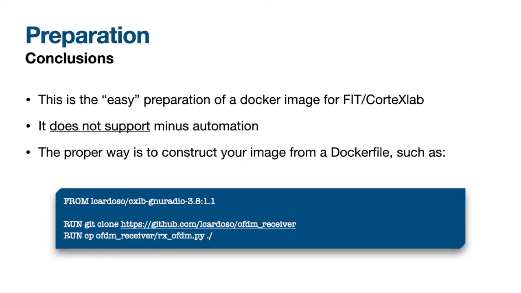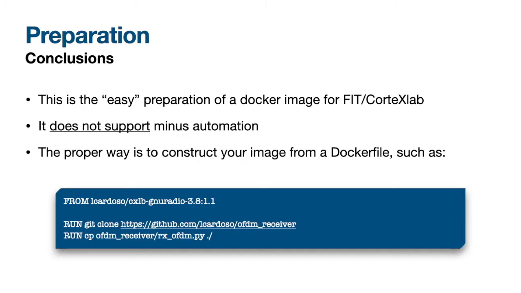So the proper way to construct your Docker image is creating a Dockerfile, which will look like the one appearing here on the screen. You have FROM lcardoso/cxlb-gnuradio3.8:1.1, and then you will add some commands which will do the necessary steps for you.